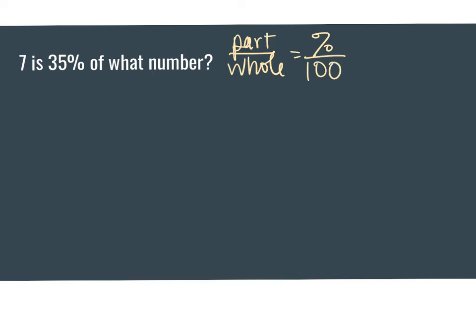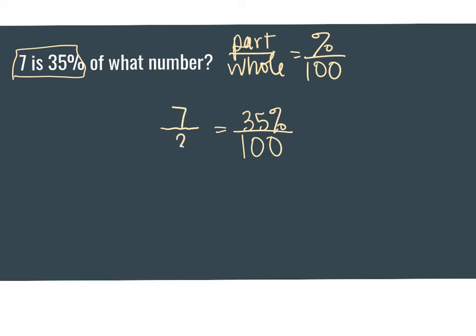We know that we have 35% of a number. We put that over 100. Now we need to plug in our other fraction. I see again here, 7 is 35%. That tells me it's a percentage of a larger number. So 7 is a part of an unknown number that we don't know yet.